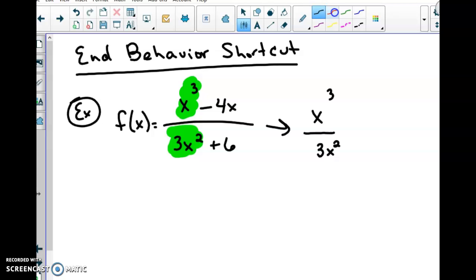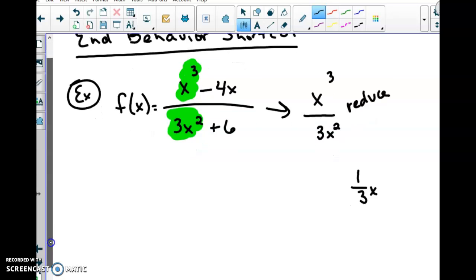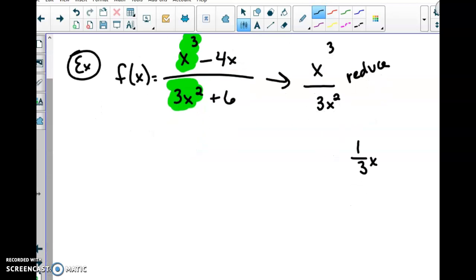This is a little bit easier to work with because x cubed over 3x squared can reduce. The x cubed over x squared reduces down to just an x. I have 1/3 x now. Okay, 1/3 x, I can think of that graph a lot easier than x cubed minus 4x over 3x squared plus 6.